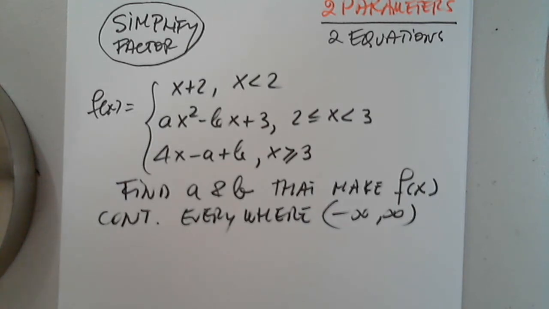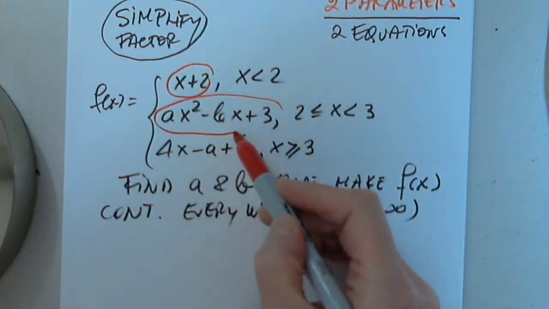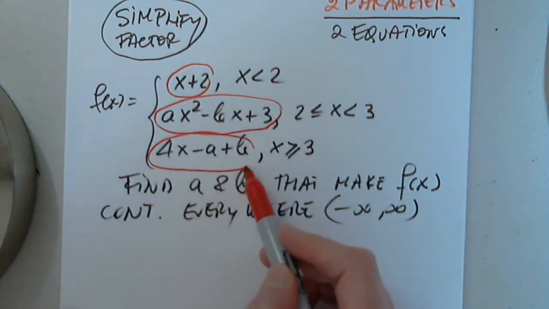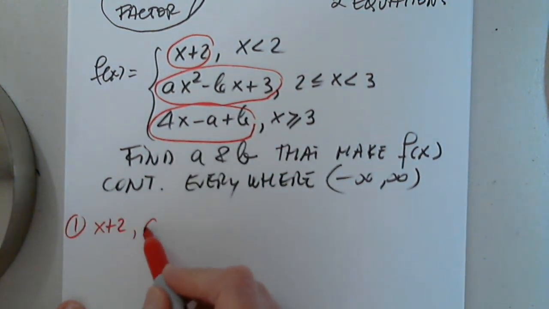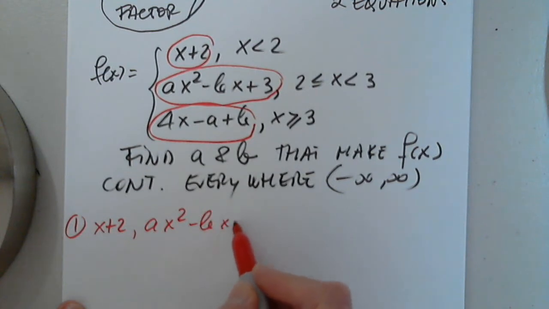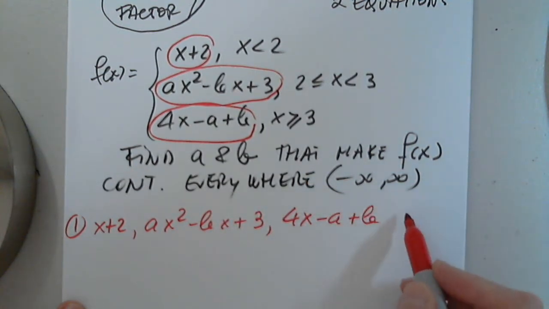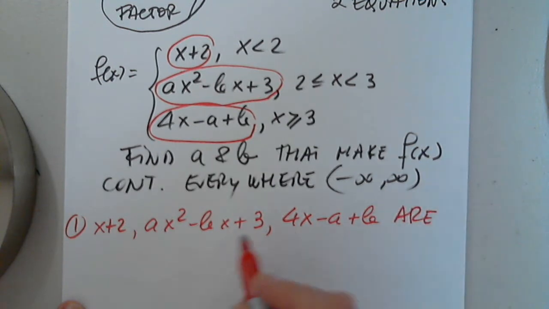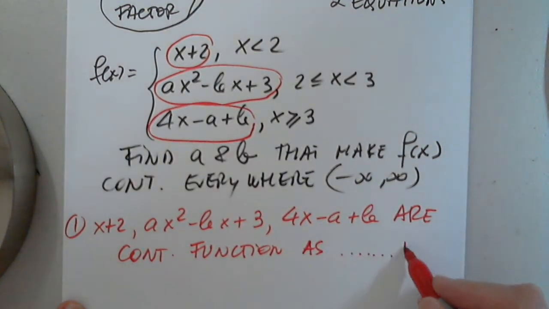Okay, so far so good. I will quickly write that this and this and this, number 1, x plus 2, ax squared minus bx plus 3, as well as 4x minus a plus b, are continuous functions as functions.